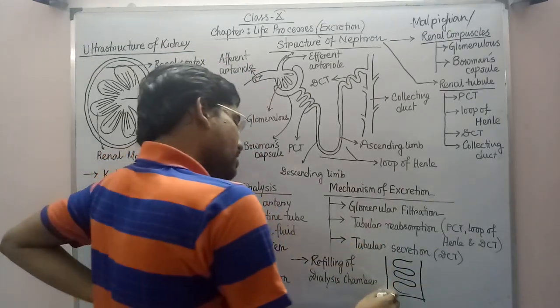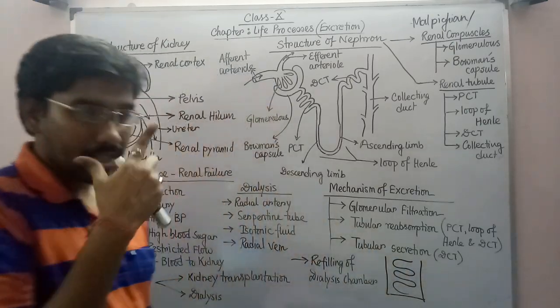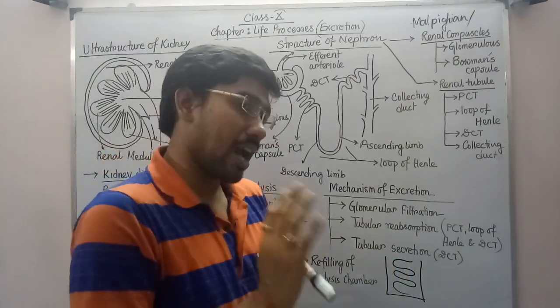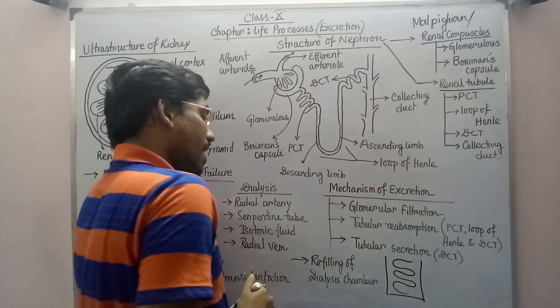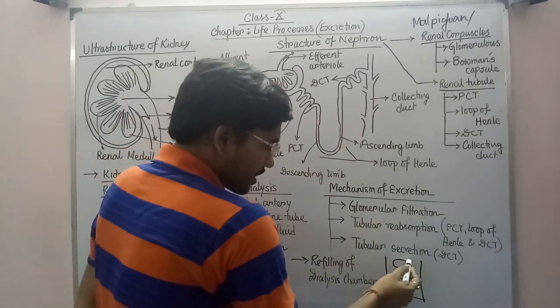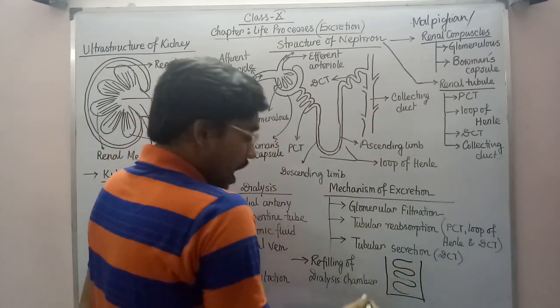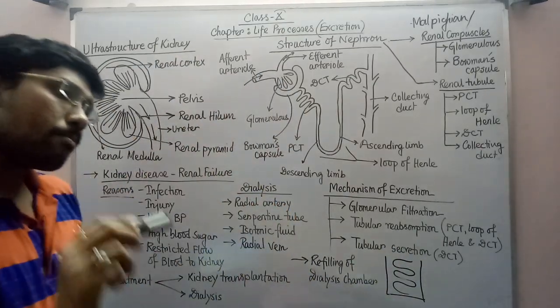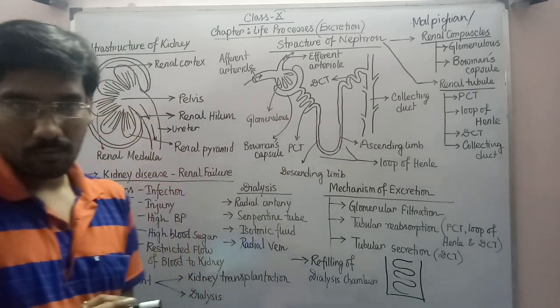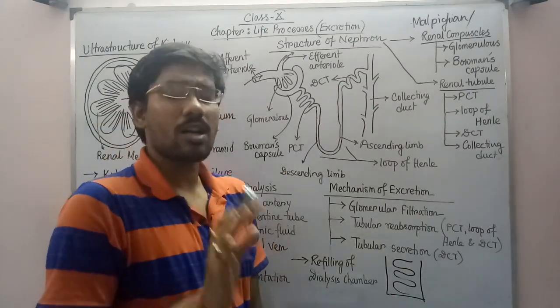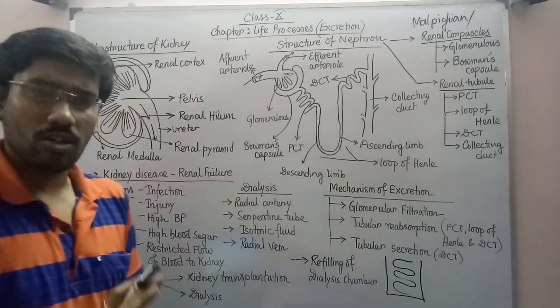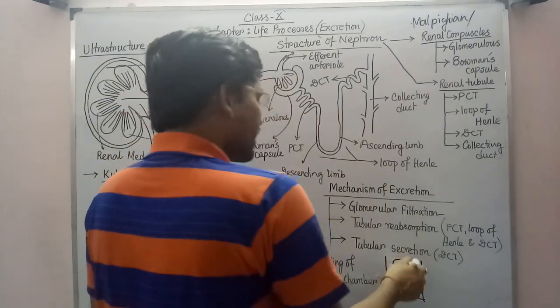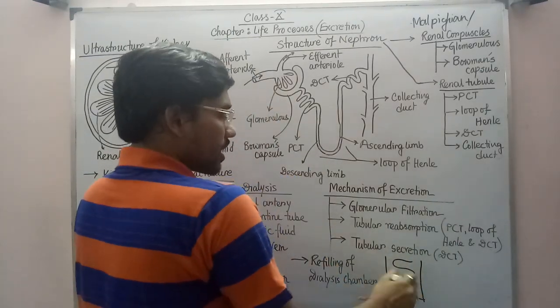Within the dialysis chamber there is a fluid commonly known as dialyzing fluid. It is kept there. Keep in mind that when the blood is passing through this serpentine tube and outside there is dialyzing fluid, the dialyzing fluid and blood are both isotonic, because both fluids show the same concentration. Within the tube is the blood, and outside is the dialyzing fluid.